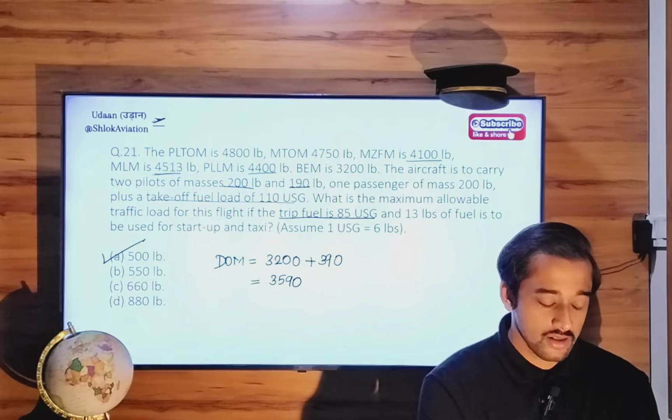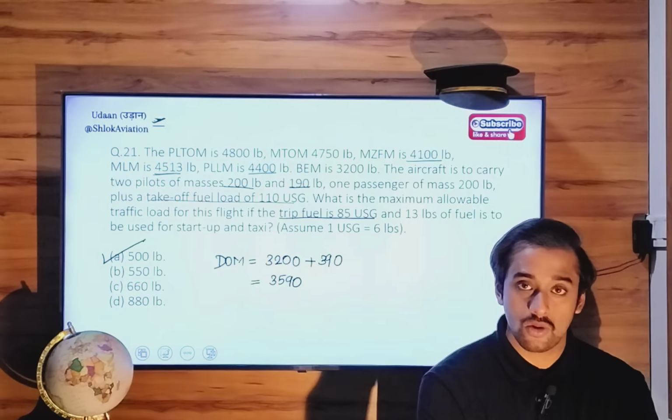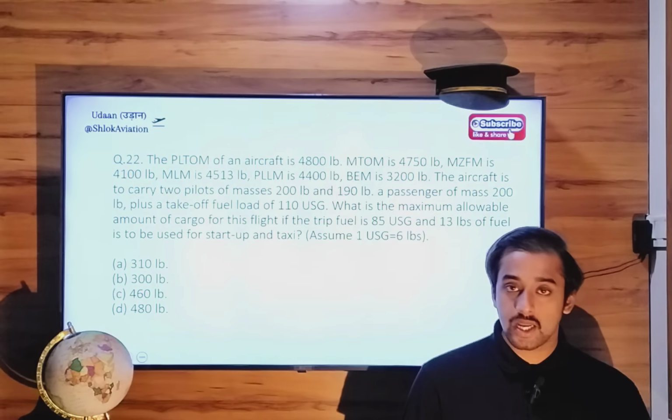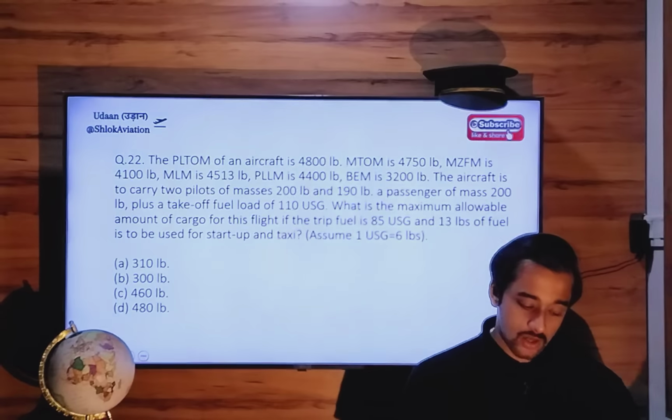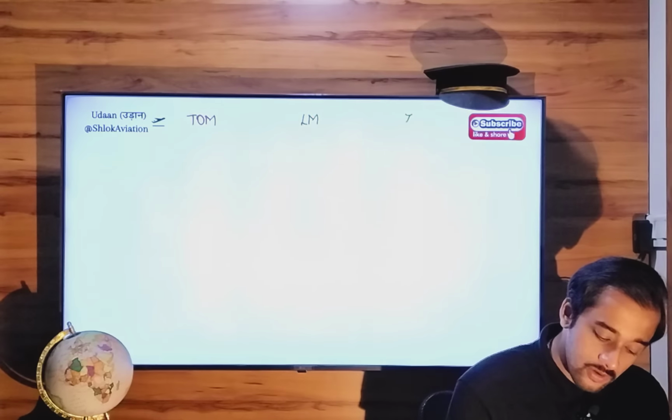Okay. Let's go to the next question, question 22. Similar question. Again, performance takeoff mass, maximum takeoff mass, zero fuel mass, and so on are given to you. Start by making the columns for takeoff mass, landing mass, zero fuel mass.